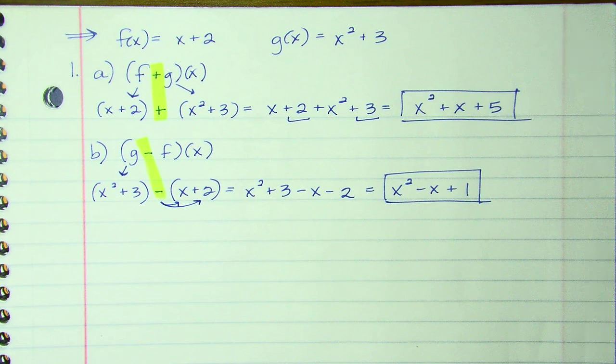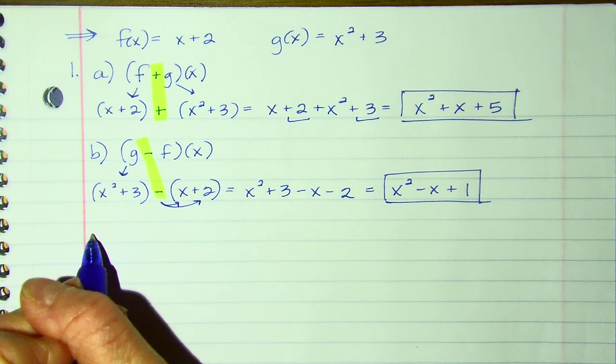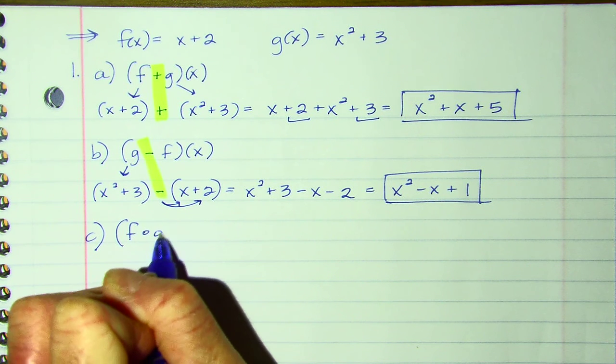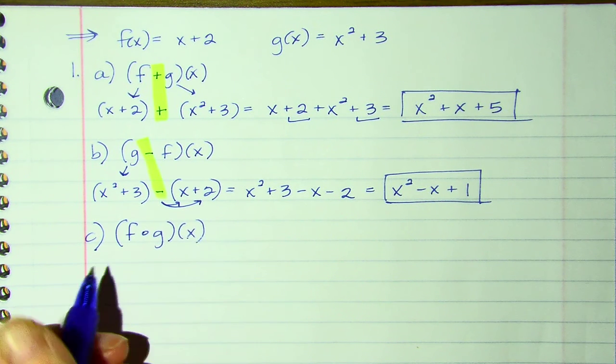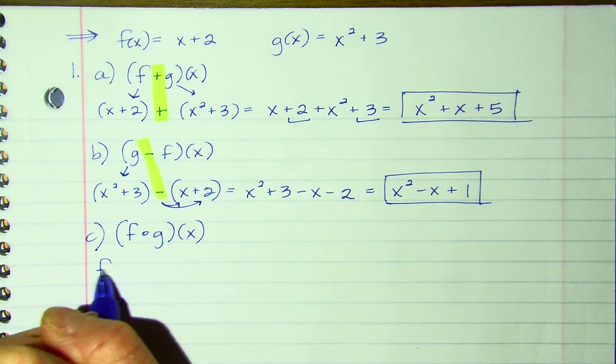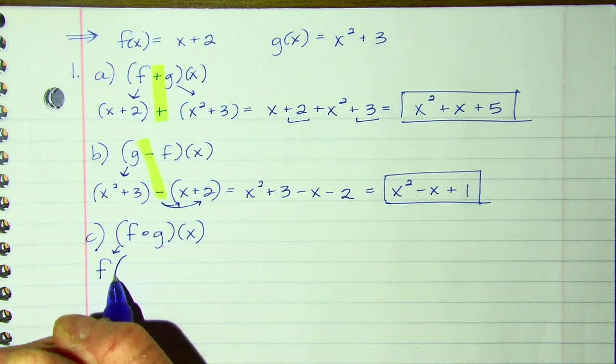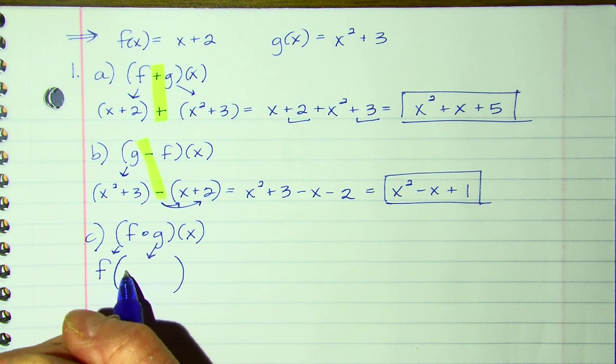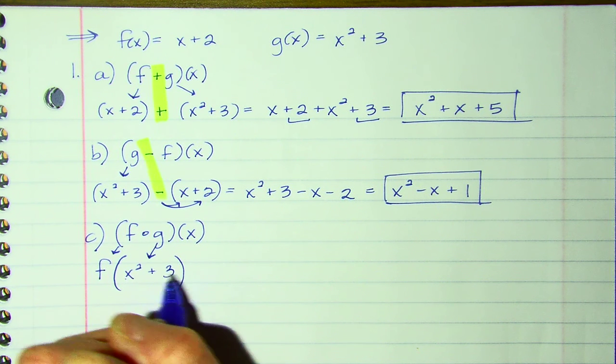And you probably catch the drift here. So now if I said f of g of x, that means I keep the f on the outside, and I'm going to plug in the function of g, which is x squared plus 3.